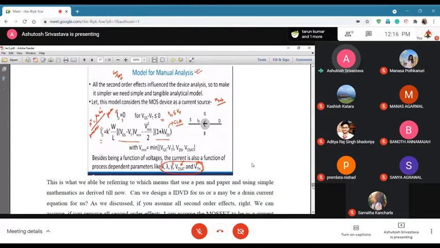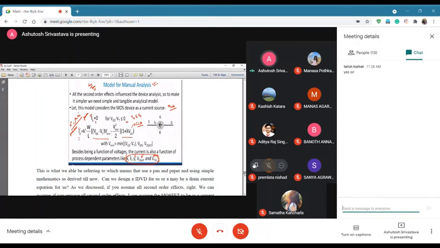Besides being a function of voltage, the current is also a function of process dependent parameters. That means fabrication based process dependent parameters. That includes lambda, gamma, VDSAT, and VTH.